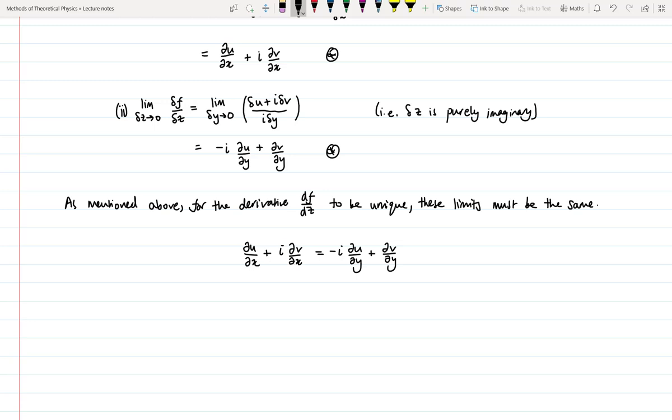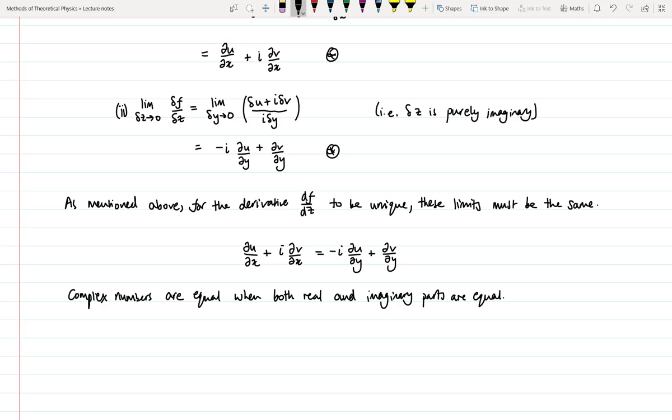Complex numbers are equal when both their real and imaginary parts are equal. And, well, the real parts are easy to spot.